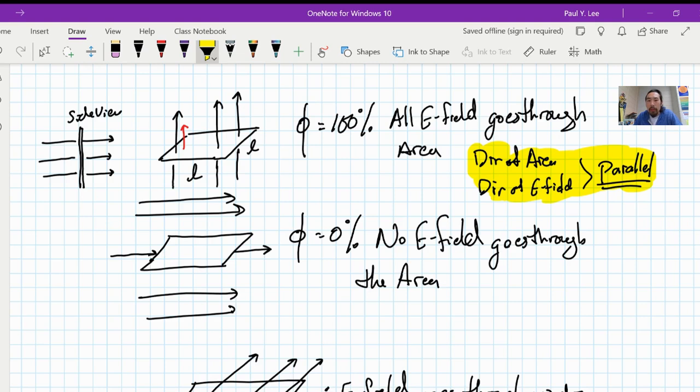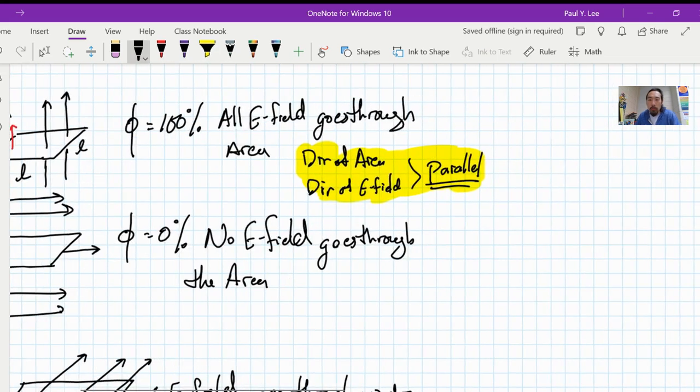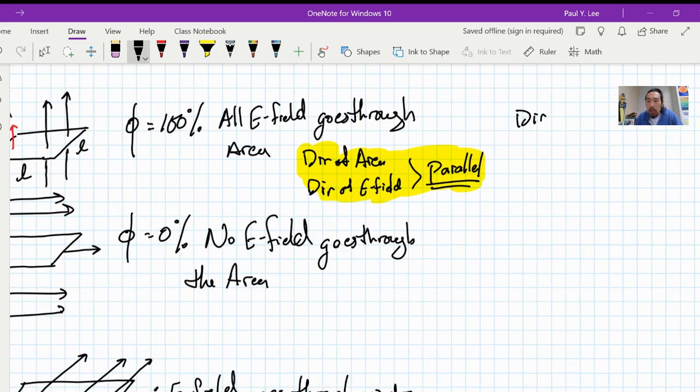Another way to think about it is that not only is the direction of area perpendicular to the surface, so let's write this over on the side: direction of area is perpendicular to surface. Direction of E field is perpendicular to surface.